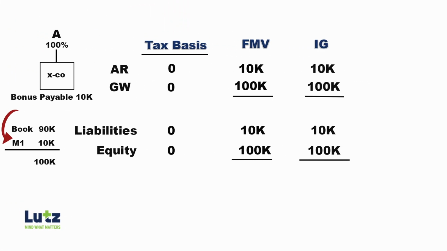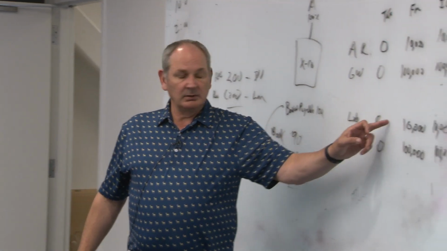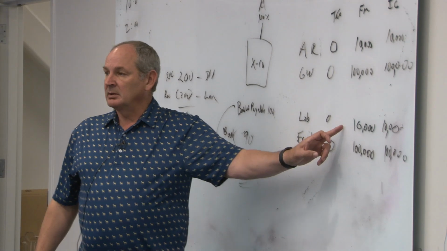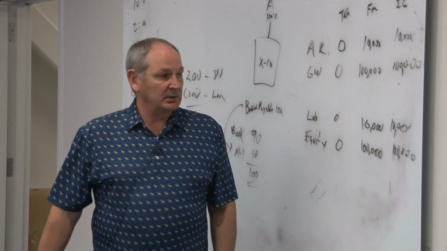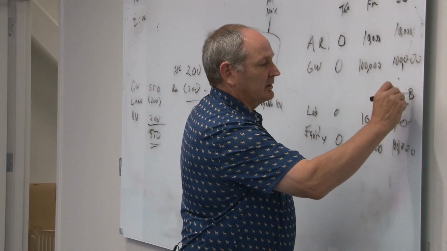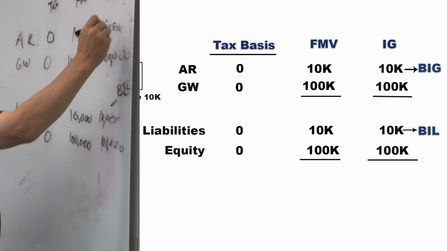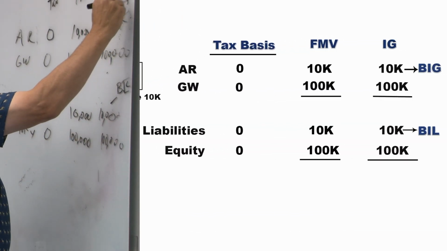So now I was unable to take that liability, that accrual for the bonus, in the final C return. So now I have this liability that has not been deducted. That liability that's not been deducted is a built-in loss. And this is a built-in gain.